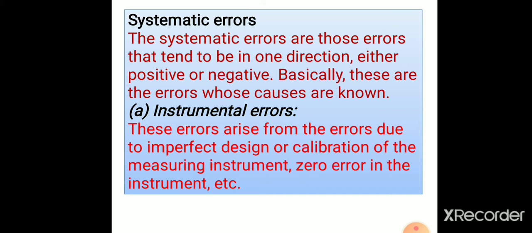Again, if you are measuring the distances using screw gauge, you will be getting measurements which are more precise, that is up to 0.001 centimeter. In short, instrumental errors occur due to the precision or calibration of the measuring instrument.